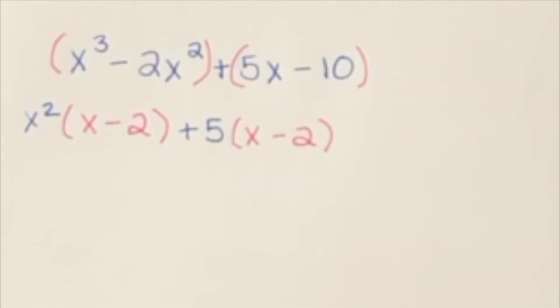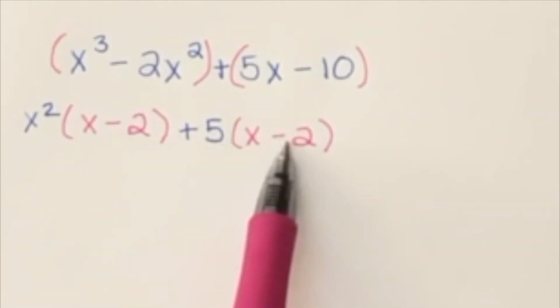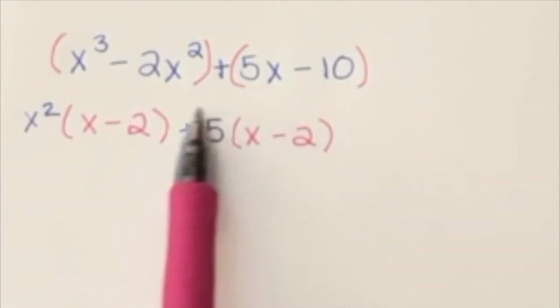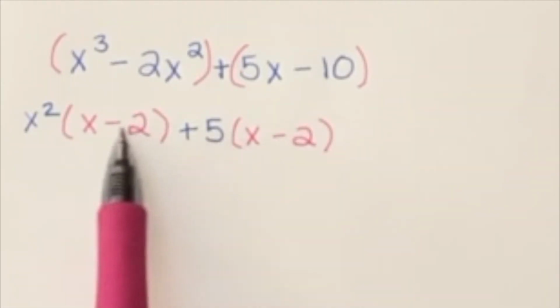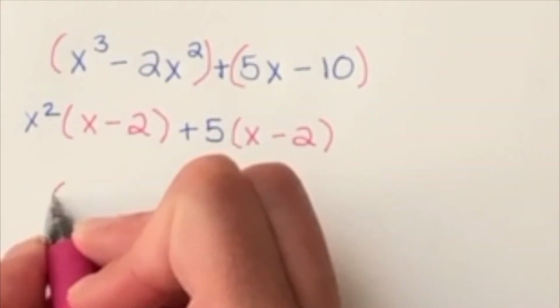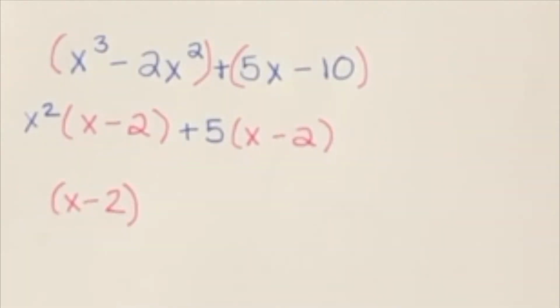So when I look at that, I'm going to take my greatest common factor out of this whole thing, or the duplicate parentheses, because this term and this term have x minus 2 in common. So I'm going to take the x minus 2 and I'm going to put it out front.